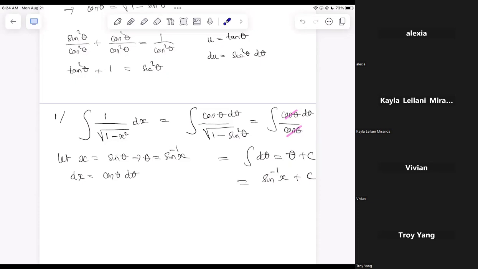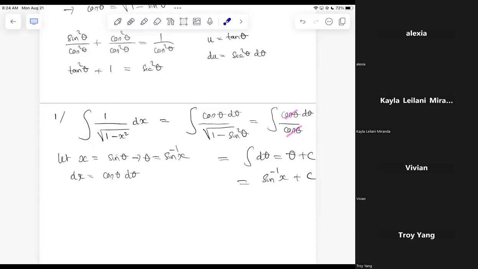Recall that we learned the substitution already, right? The idea of the substitution method is you want to convert the integral that you don't know how to evaluate into a new integral that you know how to evaluate. So from the beginning, you have this integral and we don't have any formula.